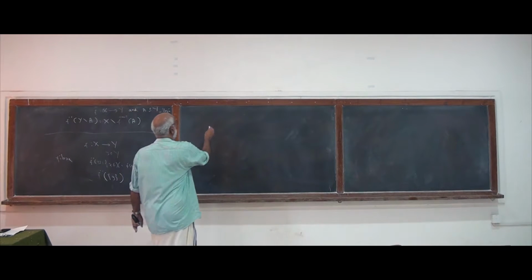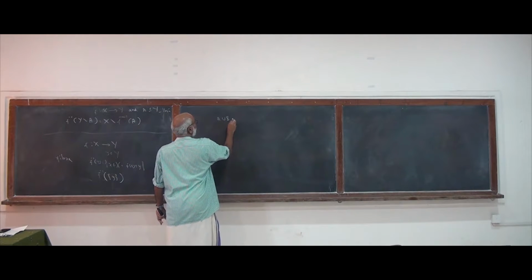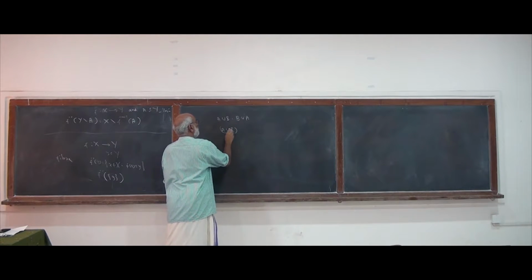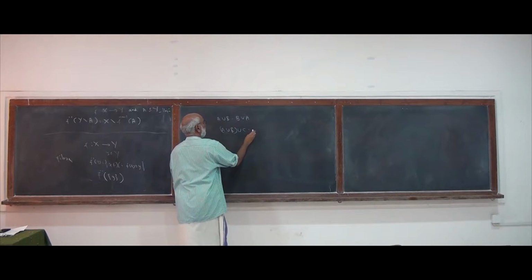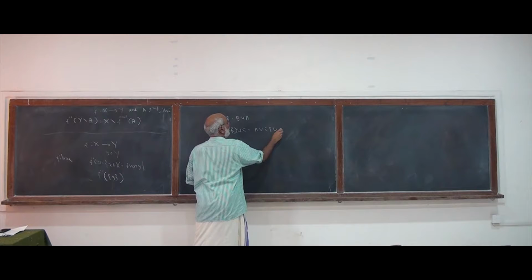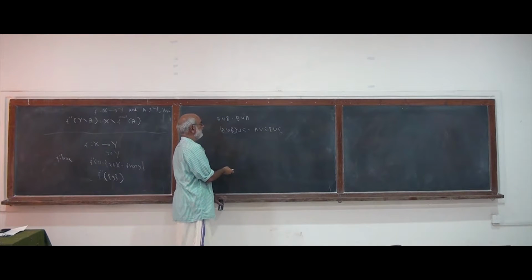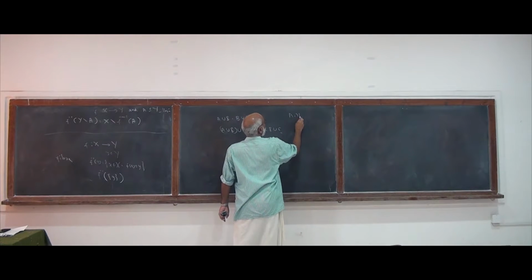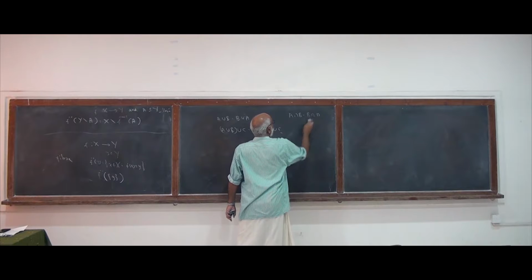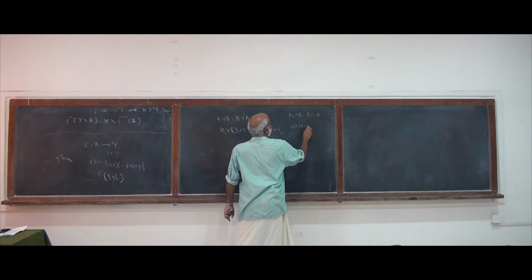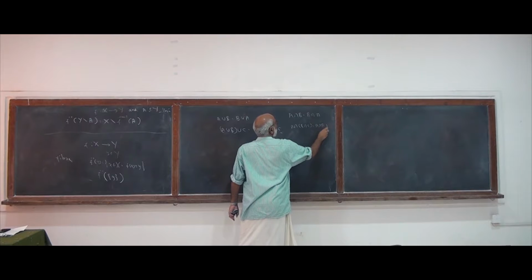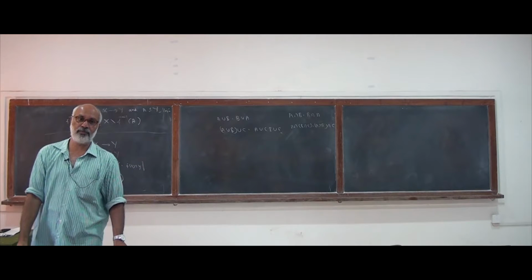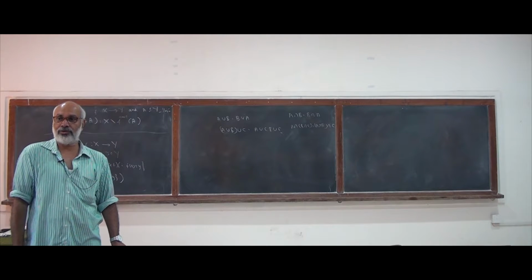That is, A union B is the same as B union A, and A union B union C is the same as A union B union C. And similar results for intersection also. That is, A intersection B is the same as B intersection A, and A intersection B intersection C is the same as A intersection B intersection C. That is, both the union and intersection operations are commutative and also associative.